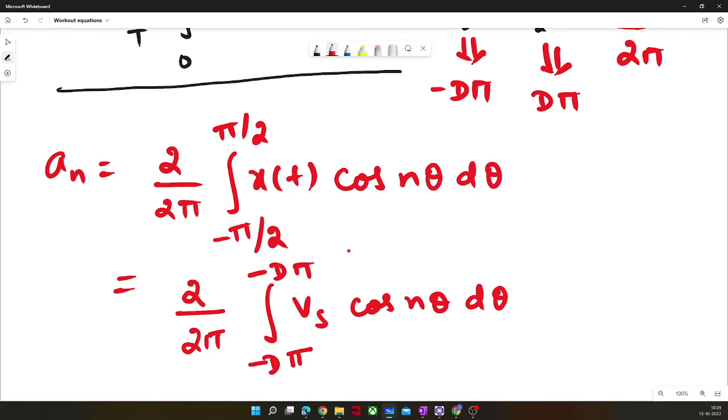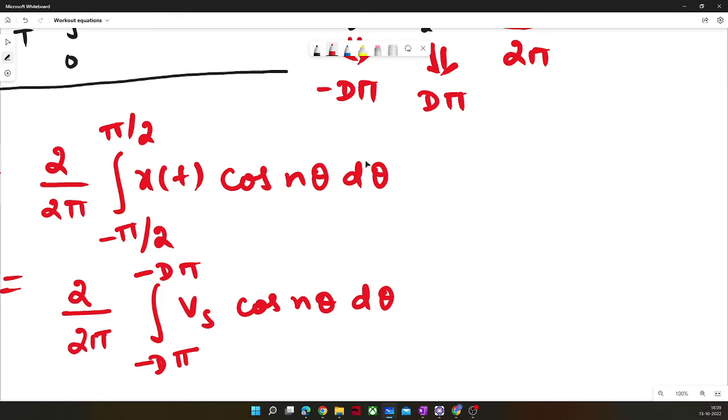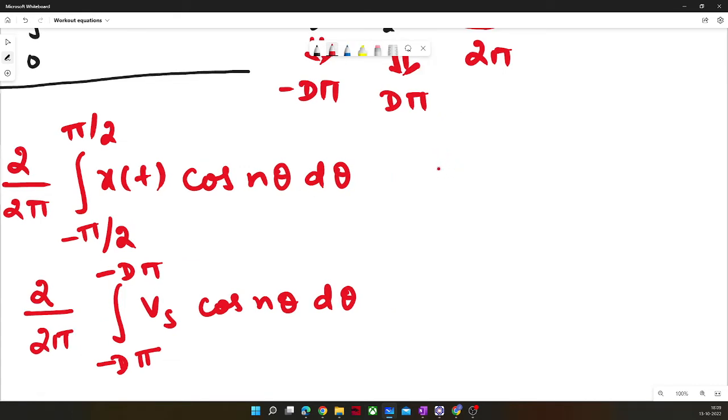right? If you would not have wanted to transform with minus pi by 2 to pi by 2, you would have also done it in that manner, 2 by 2 pi, 0 to 2 pi.